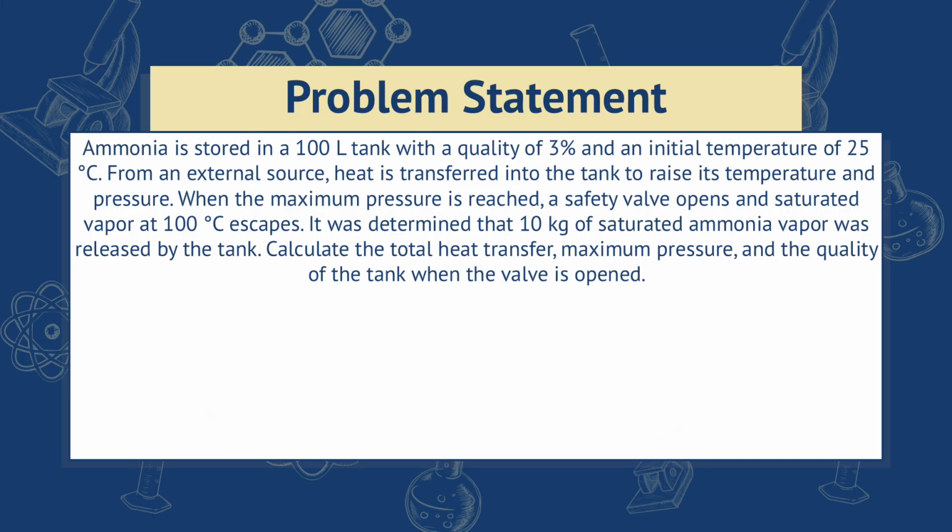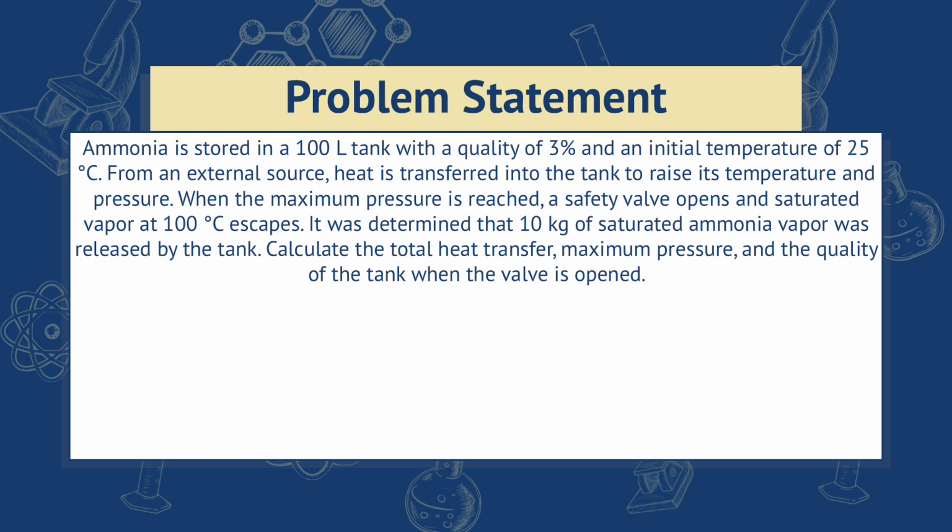In the previous problems, we focused on what happens when either there are internal conditions or there are input and exit streams. But what if they are combined into one problem? So we will now look at transient processes, or when there are both internal conditions and input and exit streams. For our last problem, ammonia is stored in a 100-liter tank with a quality of 3% and an initial temperature of 25 degrees Celsius.